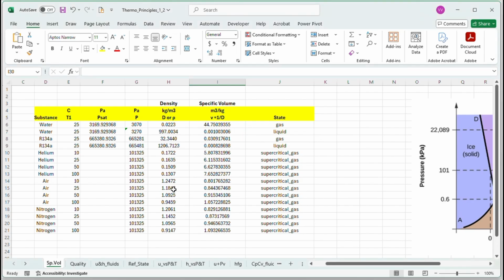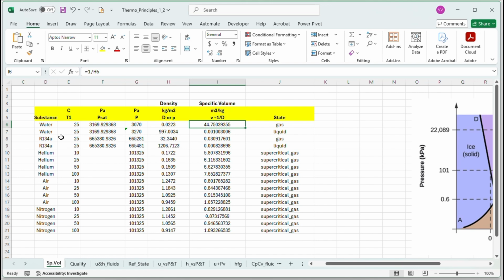Here it's a simple equation for density, and 1 over density is what the specific volume is. In CoolProp, there is no specific volume property for pure substances. So here you calculate the density and then do 1 over density.